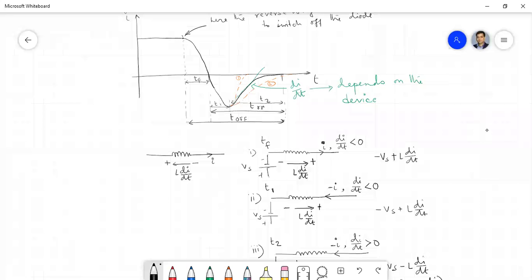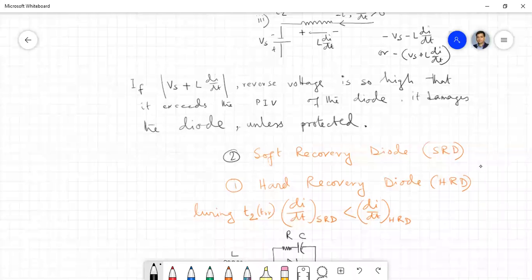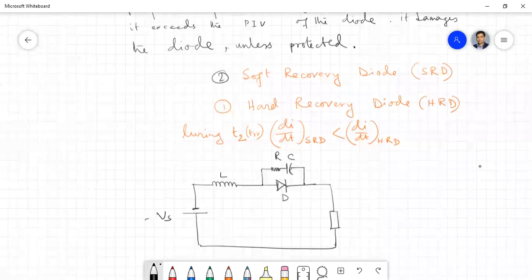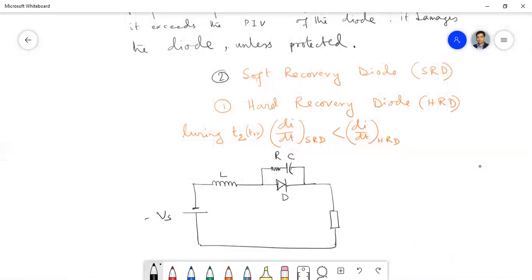Okay. Now, if we have another capacitance in parallel, which has a much smaller time constant compared to the capacitance of the diode, then any kind of this di/dt or any kind of change in the voltage will be bypassed through the capacitor.